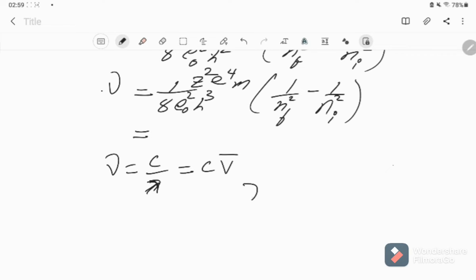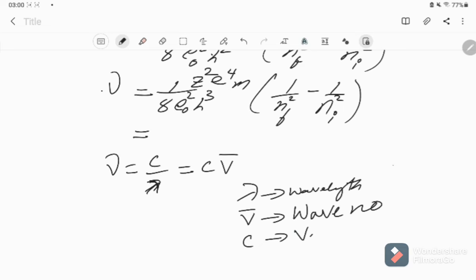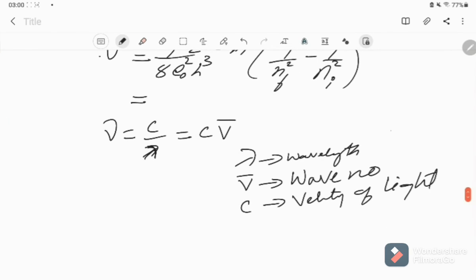Here lambda is wavelength, mu bar is wave number, and c is the velocity of light. The wave number is 1 by lambda, this is the wave number formula.